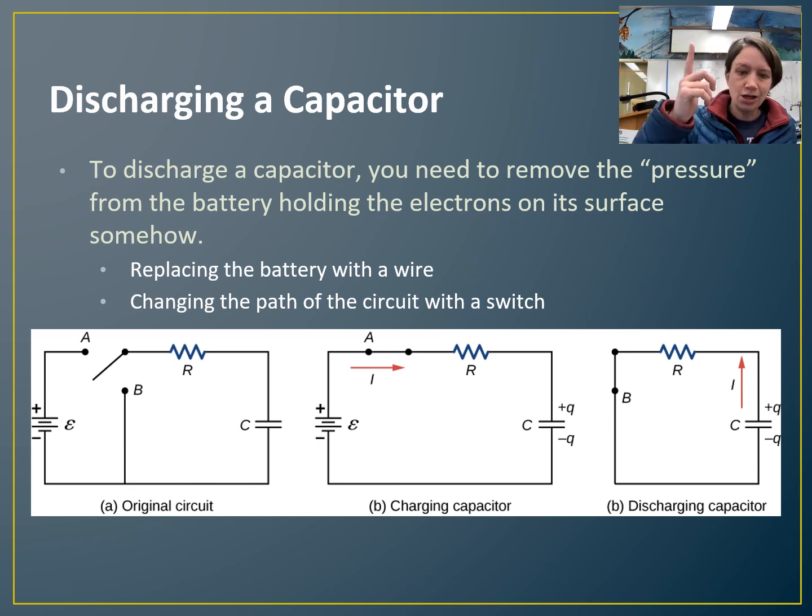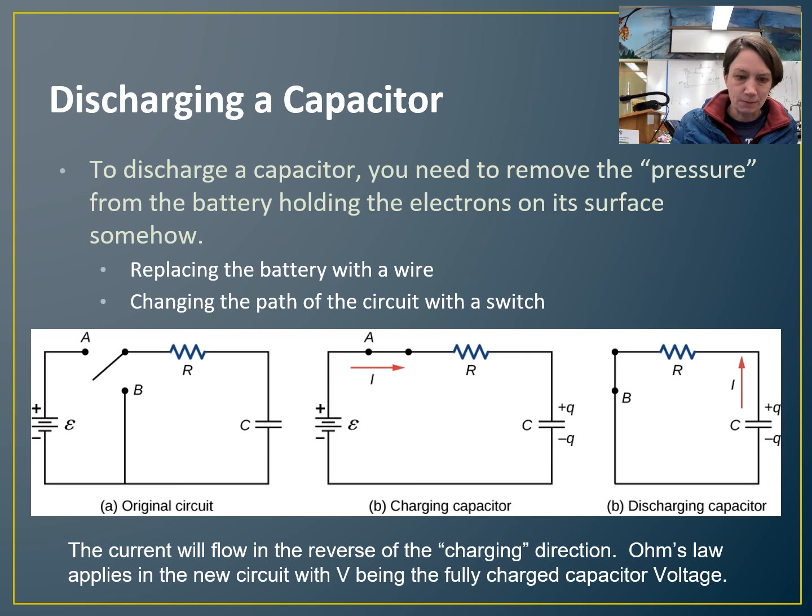And then if we change the configuration of the switch so it's B, we've basically gotten rid of the battery in that circuit, so we're not pinning those electrons onto the capacitor anymore, and then current is going to flow off the capacitor around that circuit and back to the other end of the capacitor.